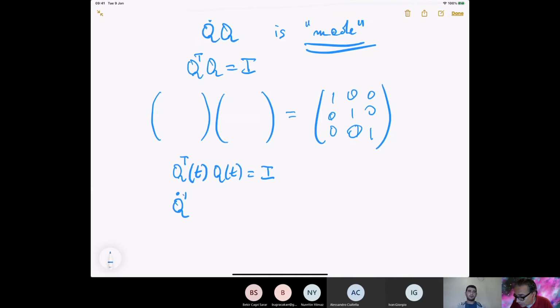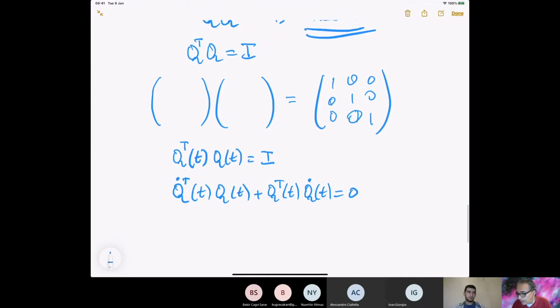So I get Q dot times Q plus Q transposed times Q dot equals 0. So I'm brutally using the product rule for derivatives.